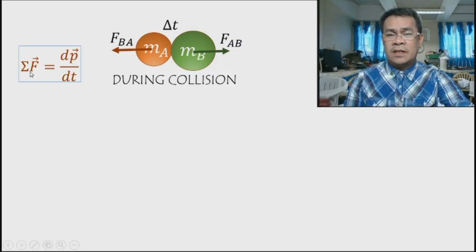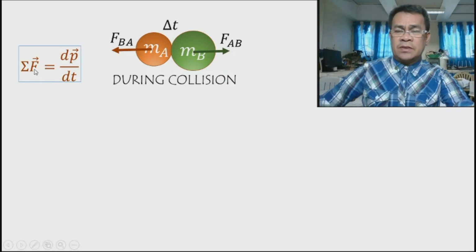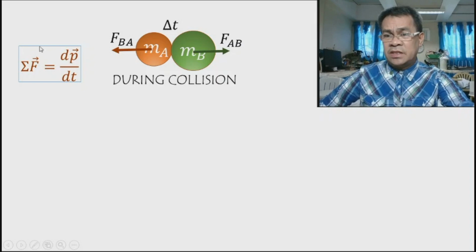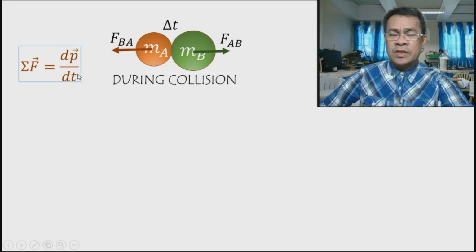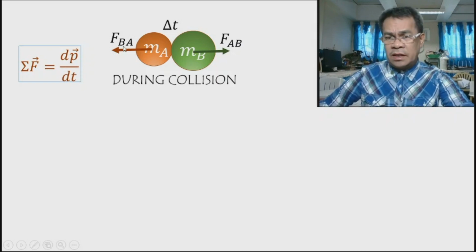In our previous video, take note that we derived that the net external force is the change in momentum per time interval. The derivative of the momentum with respect to time is actually the net external force. Remember, this is the relationship between the force and the change in momentum with time. So this force will be the net external force, any of these two forces, and this delta t should be the change in time.